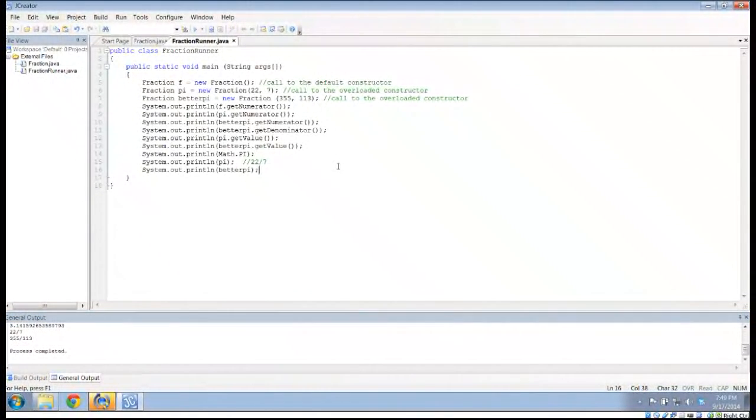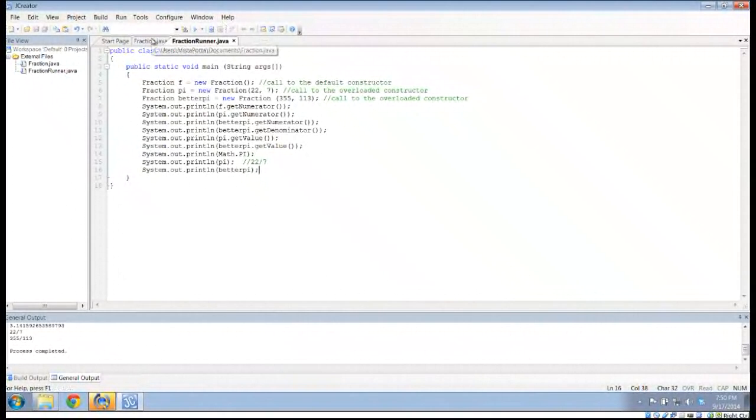All of these are accessors. They access the data in the class. Notice at no point am I trying to change the value of the fraction. I'm just trying to access the data within the fraction.